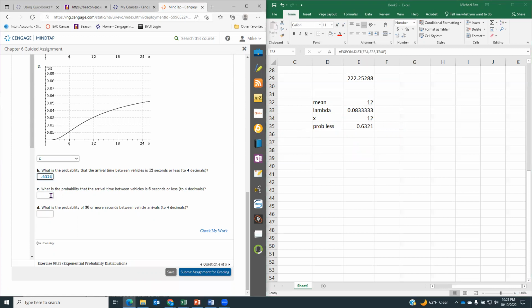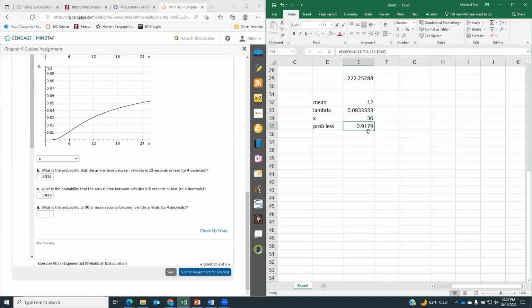C says, what's the probability that the arrival time between vehicles is 6 seconds or less? All we have to do there is change our x to 6. Once we've created our own little calculator, it makes life way easier: 0.3935. What's the probability of 30 or more seconds between vehicle arrivals?